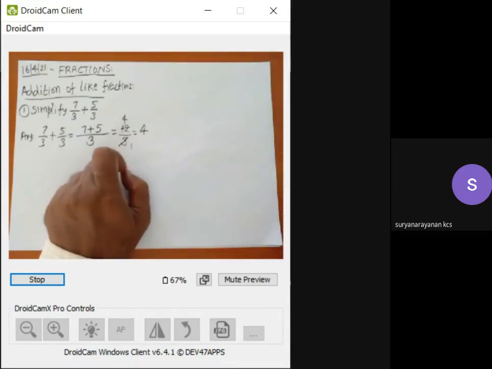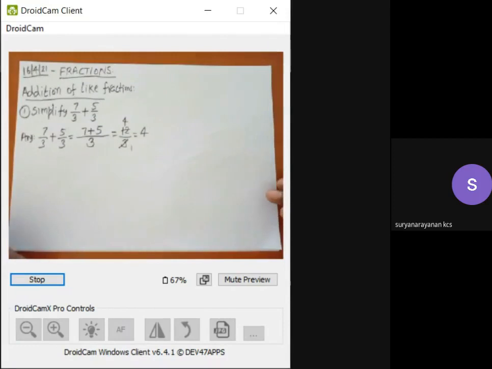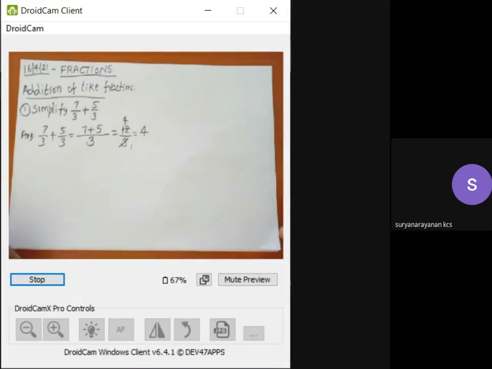Do you remember that point, my children? What is meant by simplest form of a fraction? Do you remember?